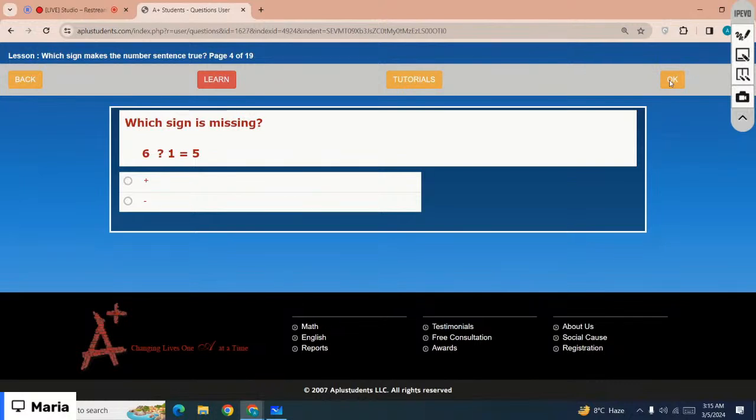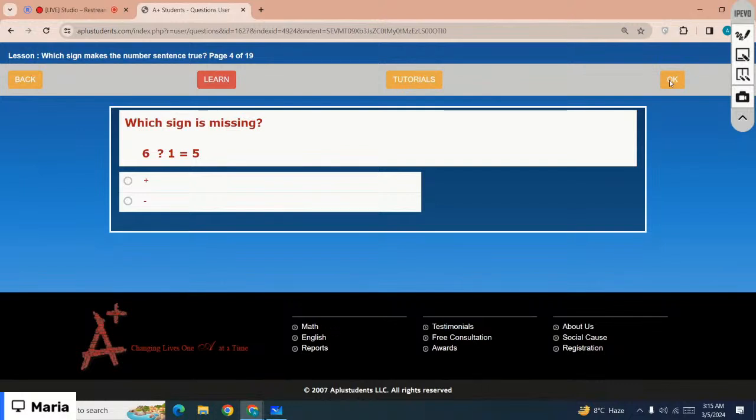The next one is, which sign is missing? 6, the missing sign, 1 equals 5. So which is the correct option? Yes, the correct option is 6, subtract 1 equals 5.